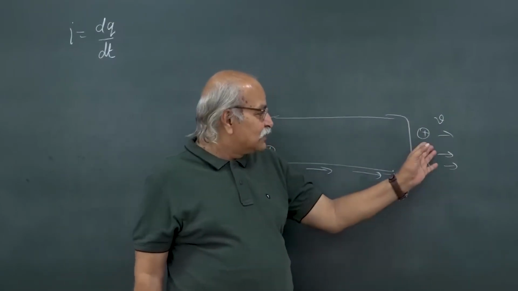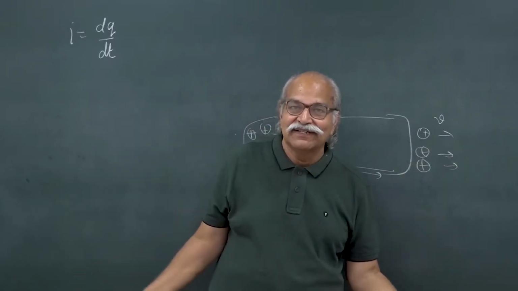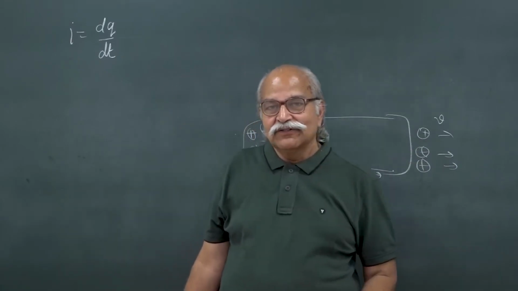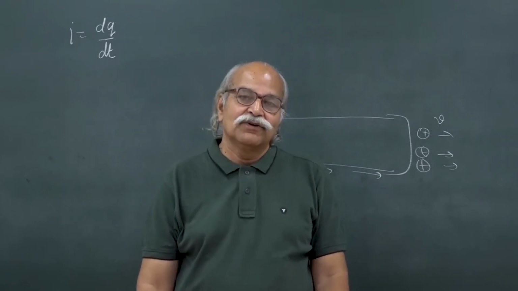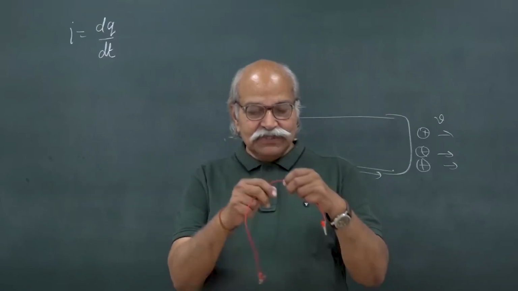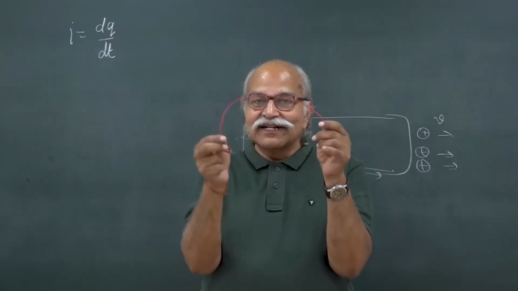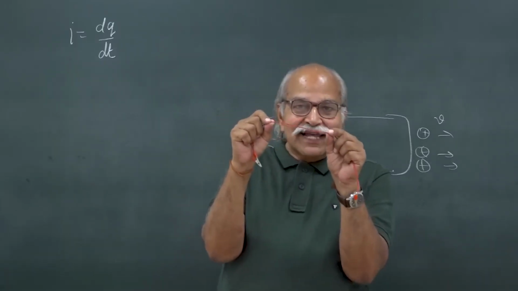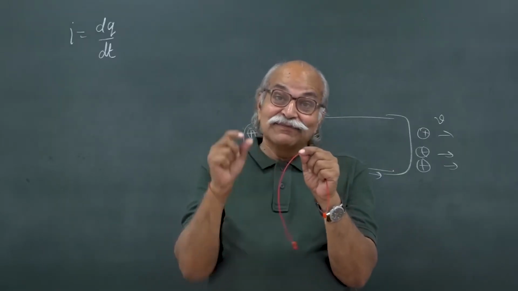So these kinds of situations are also good enough to produce a magnetic field and everything, but generally the currents that we will be talking about, or have in mind, are currents which are on some material. For example, if I use this wire to make a circuit, and then the current is going, then what is happening? Inside this red plastic, you have a copper wire, and in that copper wire, that is the material.